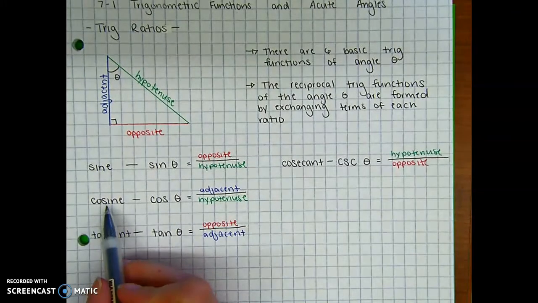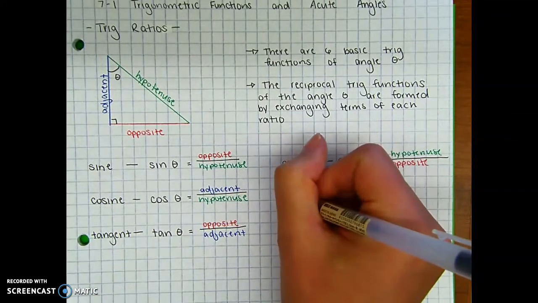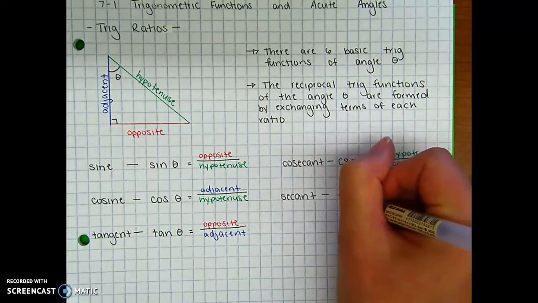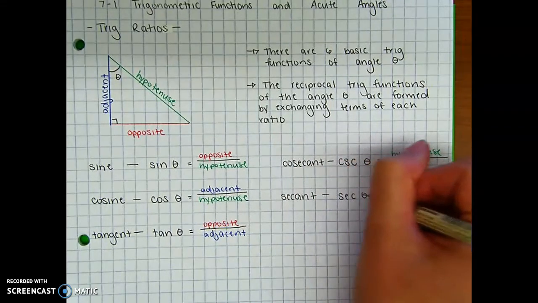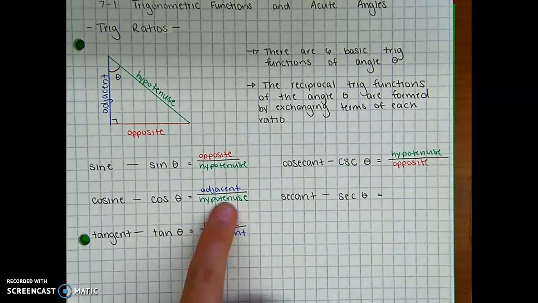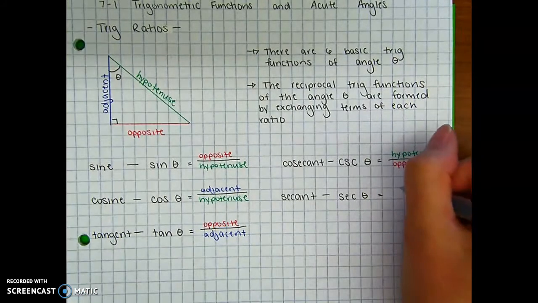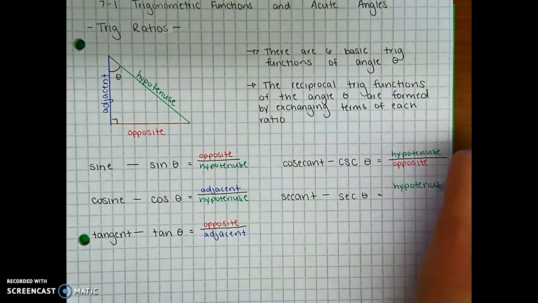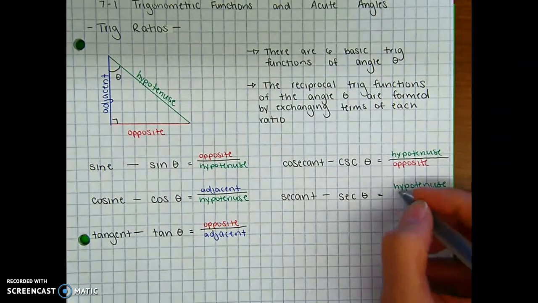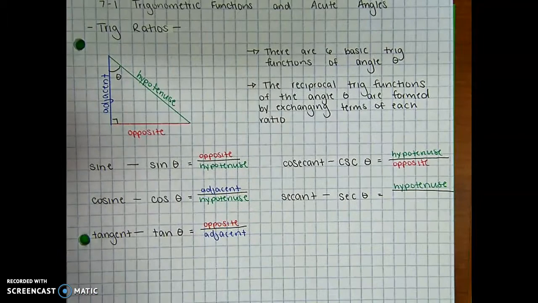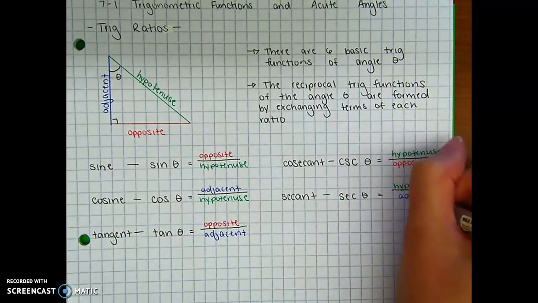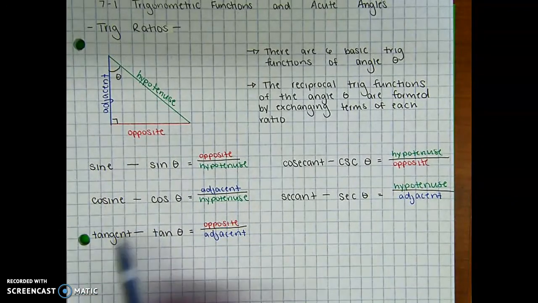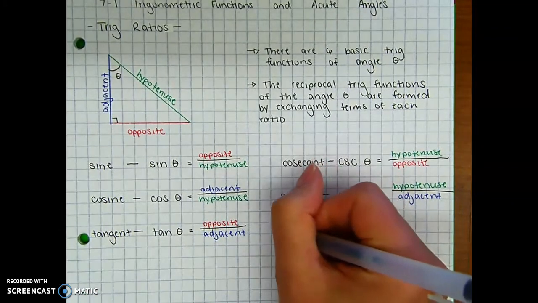Okay, so then the reciprocal of cosine is called secant. And it's SEC of theta. And that is going to be hypotenuse over adjacent. And then finally, the reciprocal of tangent is cotangent.